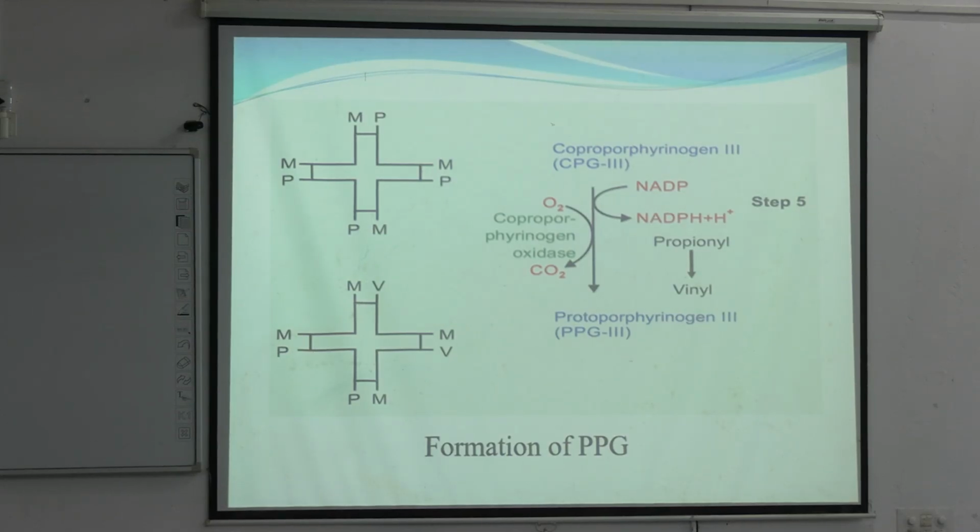It is again a decarboxylation process by the oxidase enzyme, and it is mediated by NADP to produce NADPH plus H plus. So in step 5, the propionyl groups of substituents 2 and 4 get converted to vinyl groups, and this structure is known as protoporphyrinogen 3. Clear? This is happening inside the mitochondria.